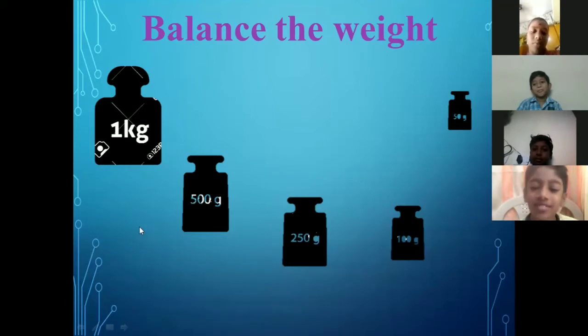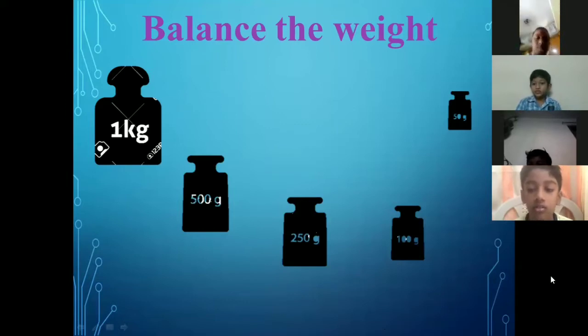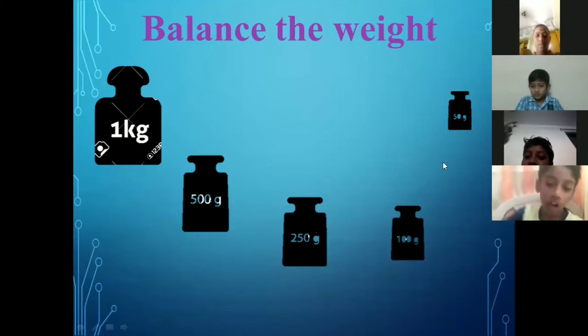By seeing the weights, you can say. Here it is 1 kg. Next, 500 gram, 250 gram, 100 gram, 50 gram. Very good. So these are the weights that we have.